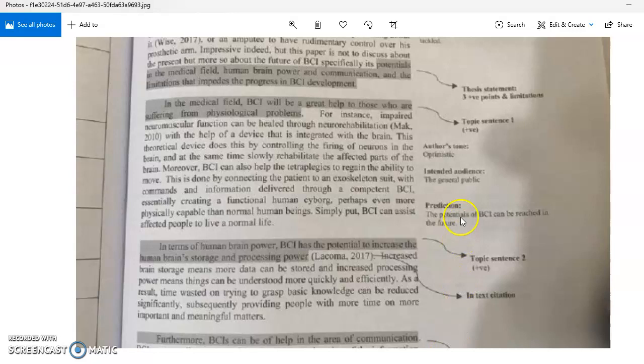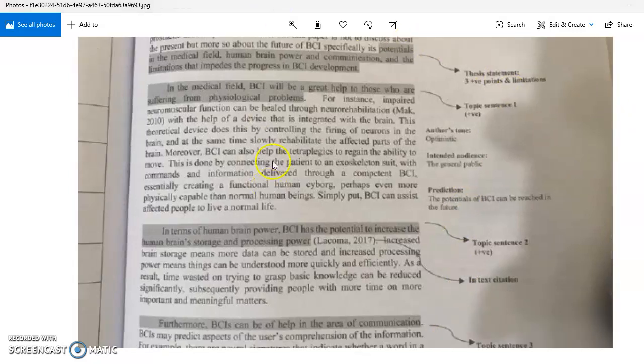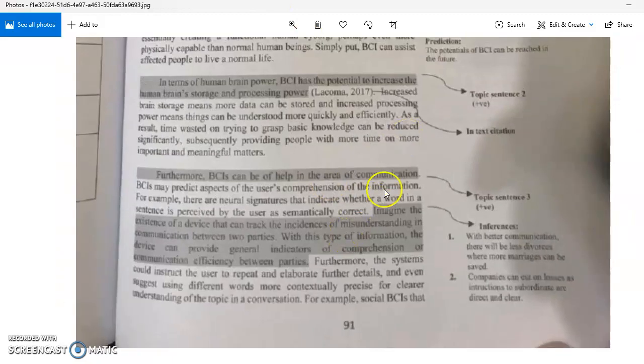Now, if you look here, for inference you should be able to highlight 1 or 2 particular sentences that you are going to make inference about.